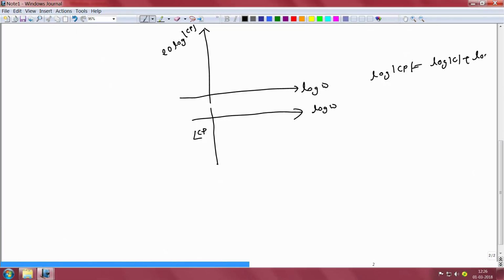Therefore, instead of multiplication, which is not as intuitive an operation, if we could convert it to addition, then an addition of two complex numbers is far more easy to visualize than multiplication of two complex numbers, and that is the reason why the y axis in the first Bode plot is the log of magnitude of C times P, because log of magnitude of C times P is equal to log of magnitude of C plus log of magnitude of P.